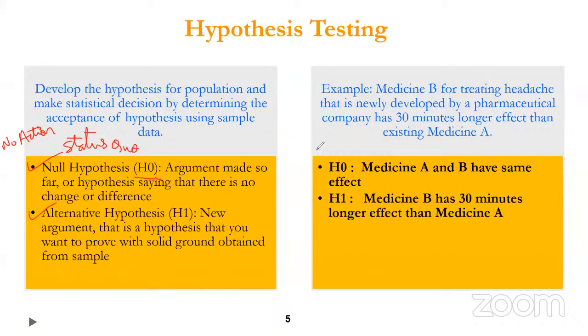That proof is nothing but the hypothesis. If you are asking me the literal meaning, generating an explanation or the proof for any comment we make, any conclusion we make, that is nothing but the hypothesis. So null hypothesis means status quo, means no action, and it is represented as H naught.